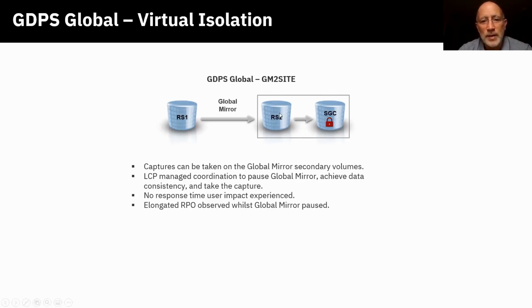However, what it does mean is that we have an exposure in terms of an elongated recovery point objective, because obviously we need to pause GM to secure the data consistency point to drive the capture, be it safeguarded or flash copy. So no impacts to production, but a slight elongation to the RPO whilst we've paused GM.